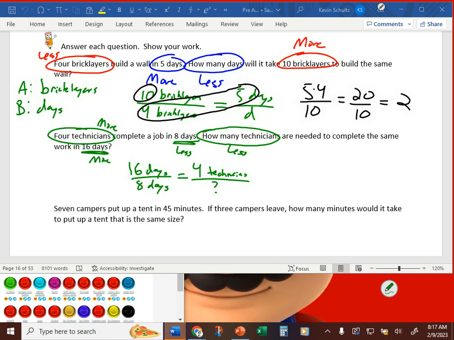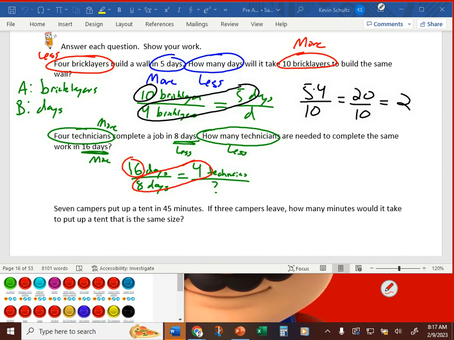Right? You might have it set up differently. Maybe you put your technicians as the A and the days as the B. Maybe you flip these over. You've got them aligned differently. If you did it correctly, though, your 4 and your 8 should be diagonal, so that when you use cross products, you're multiplying 8 and 4, and you're dividing by 16.